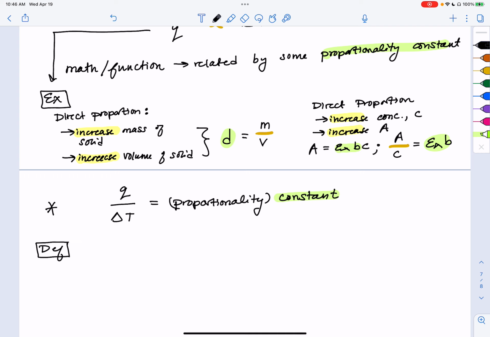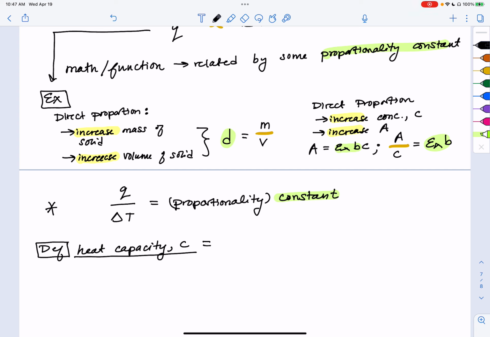Let's define something known as the heat capacity, C. So this is a physical property of a substance, so it's substance specific.